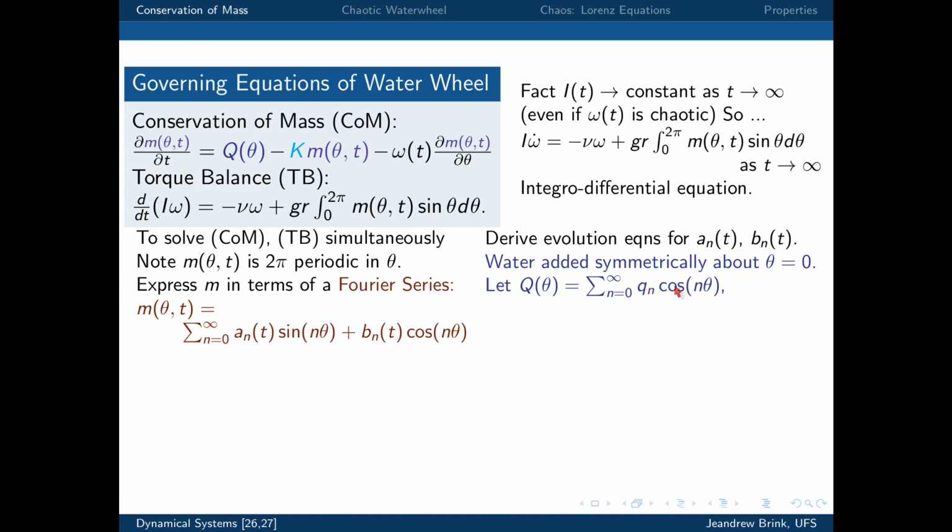Okay, so there's going to be an expansion over there for Q of theta. And where Q n are also constants that I know. So I basically can take a Fourier series transform of the way in which Q is appearing, and I can always write it as a series.